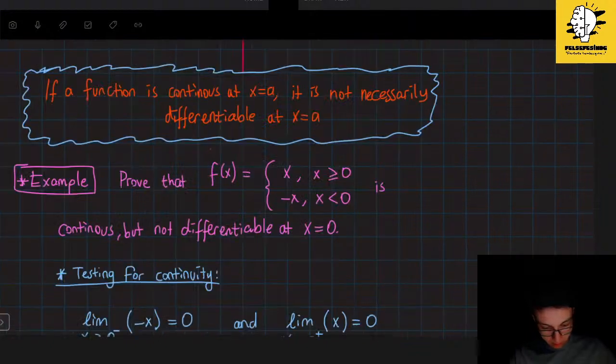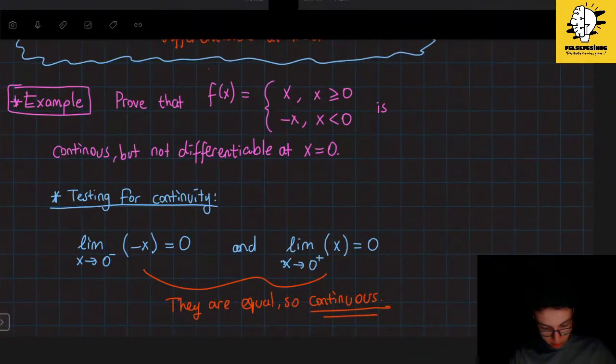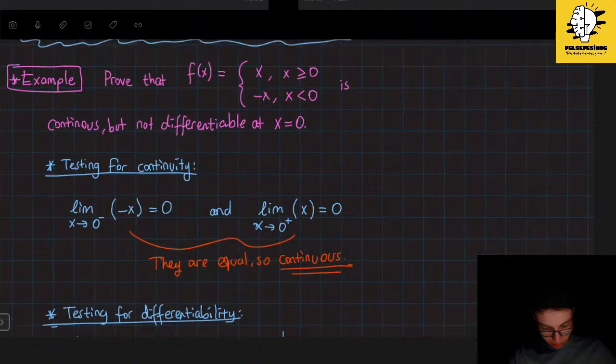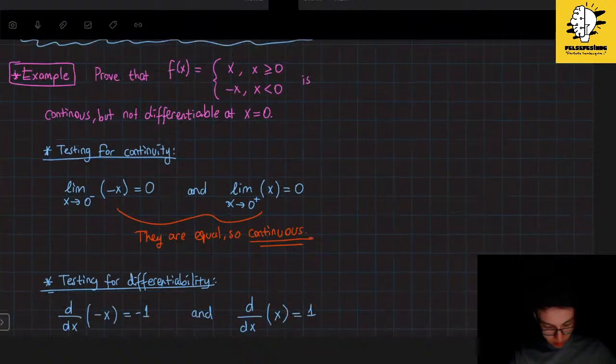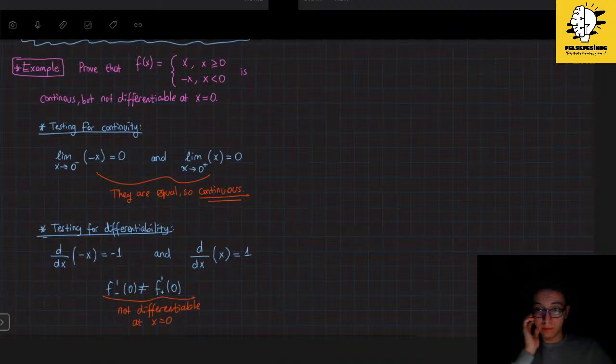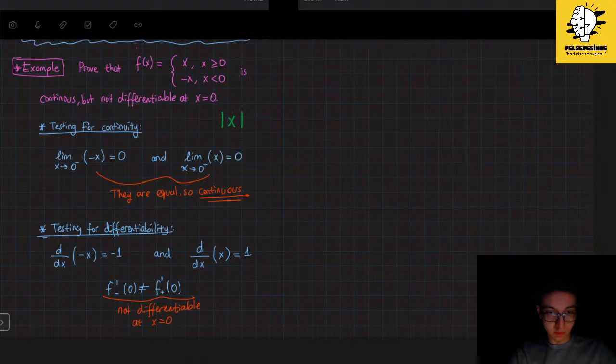Yeah, sure. All right. Our example is actually the function f of x is equal to the absolute value of x. Like this, I will write in green color. Exactly. So let's take a look at it.